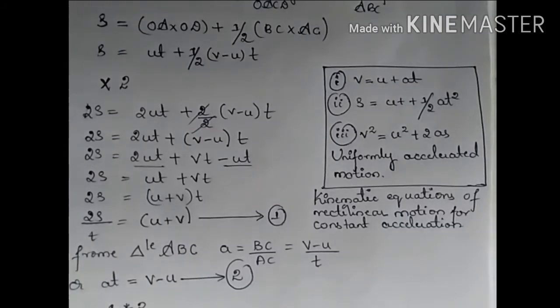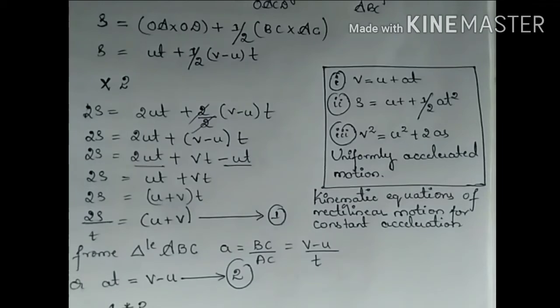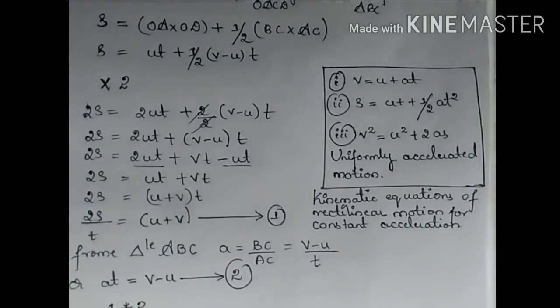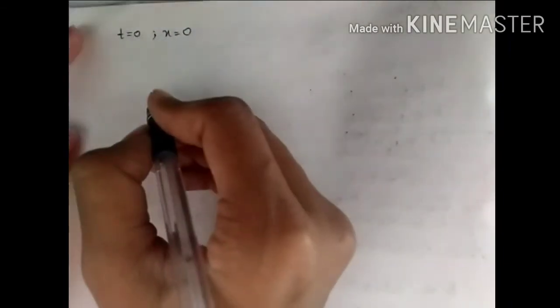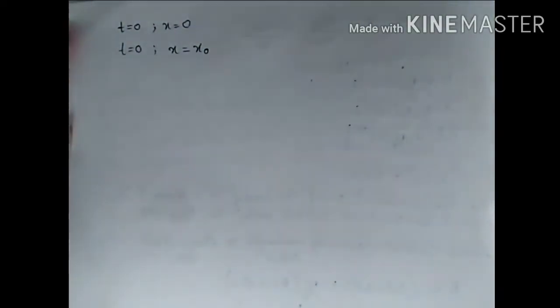Suppose x is equal to some value like x naught, then what will happen to all three equations that we have derived so far? So let us see that. Previously, when time t is equal to 0, x was 0. Now at time t is equal to 0, x is equal to x naught.